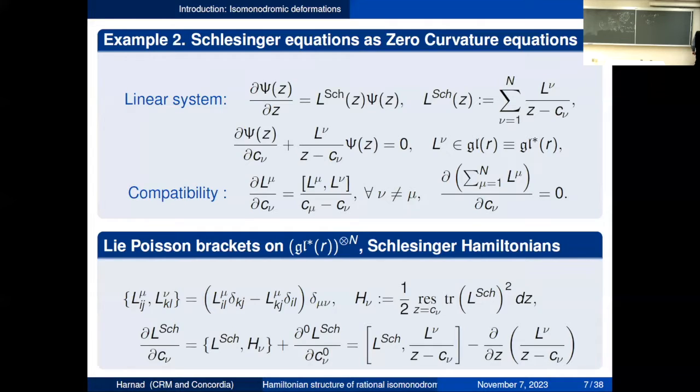It's identically the partial derivative of the Lax matrix with respect to the pole variable is exactly the same, negative, as the derivative with respect to z of the other matrix appearing in the deformation. So this is the original equation, this is the deformation equation.